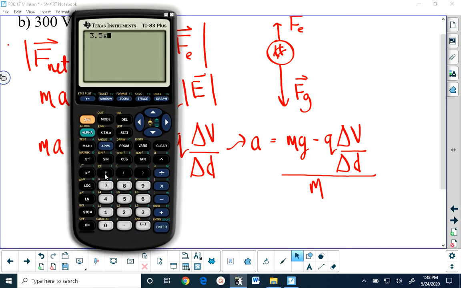3.5 times 10 to the negative 15 kilograms times 9.81 minus, the charge is still the same as it was when we calculated it in example 1. It's 9.6 times 10 to the negative 19 coulombs times the voltage this time is only 300 volts. The distance between the plates is still only 0.95 centimeters.